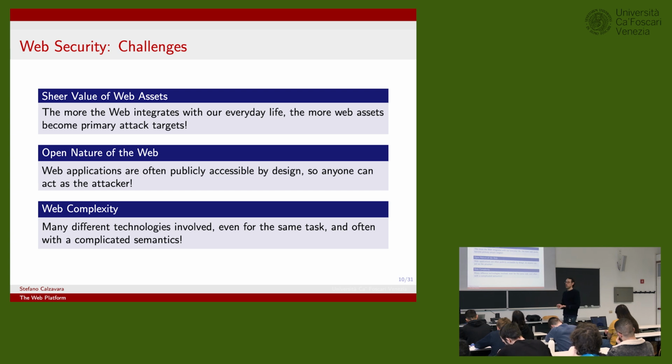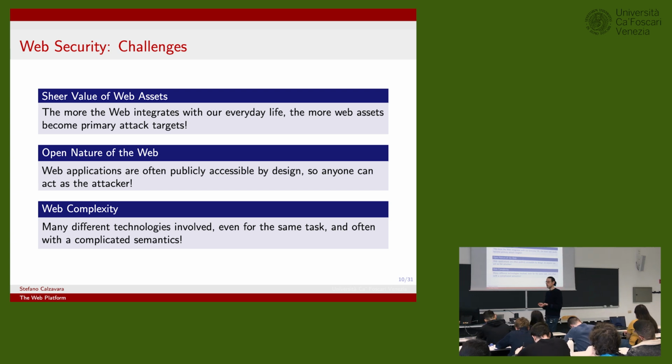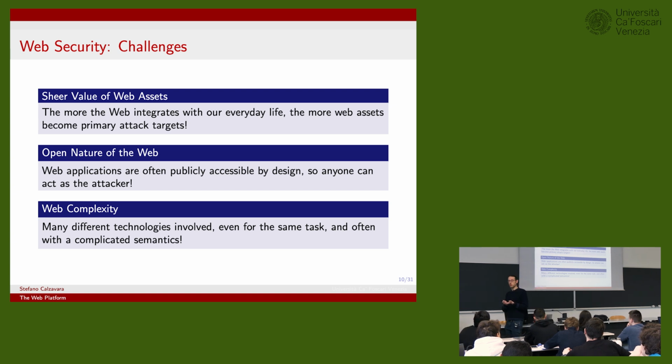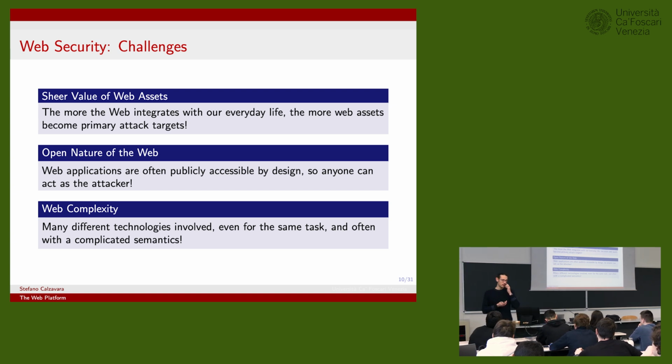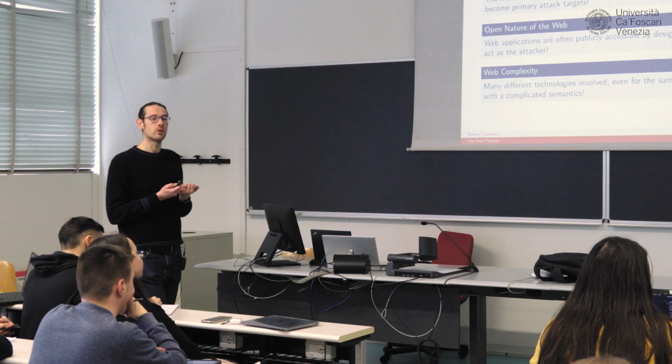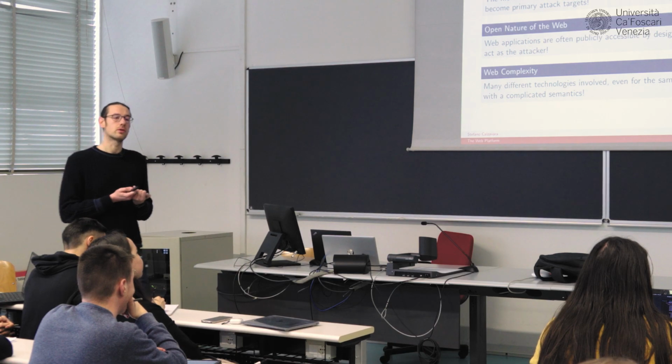So the more value you have, the more you might become a target of attackers. Services like Google, for example, or Dropbox, need to be really safeguarded against attacks because they have so many users and they store so much valuable information that they're primary targets. That means that all the best hackers in the world will try to enter into these systems.